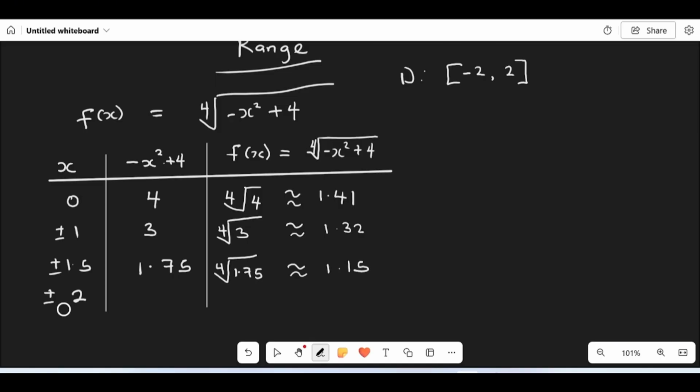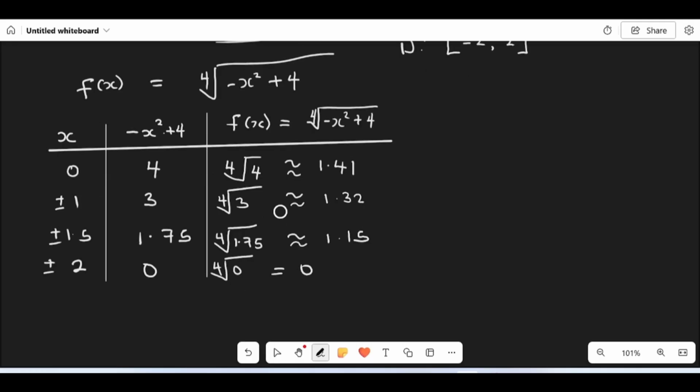If we insert plus or minus 2 into this expression, we are going to have a 0, and the fourth root of a 0 is equal to a 0.